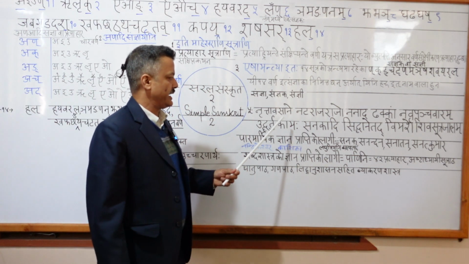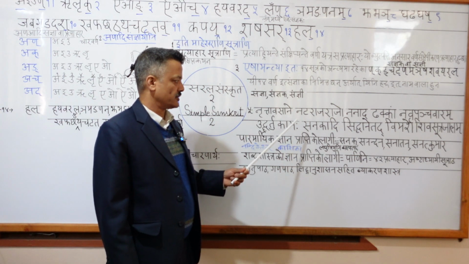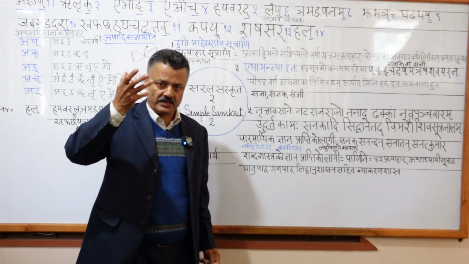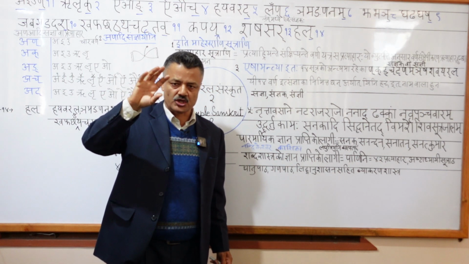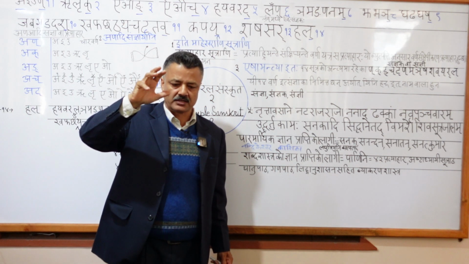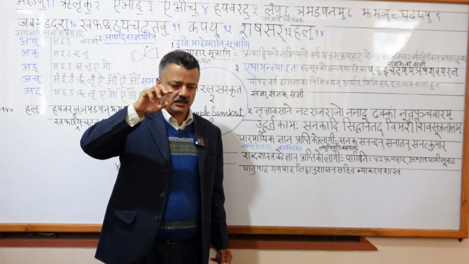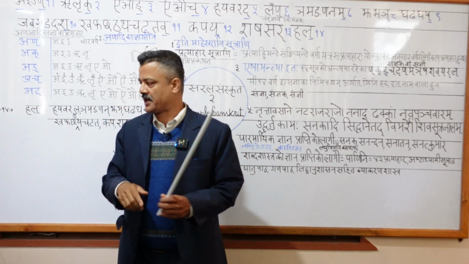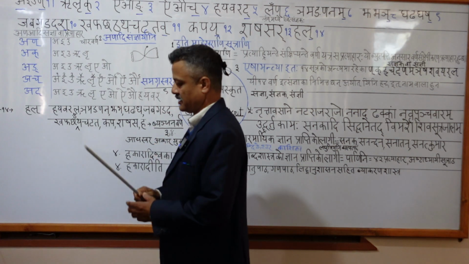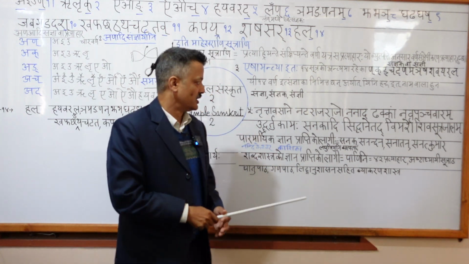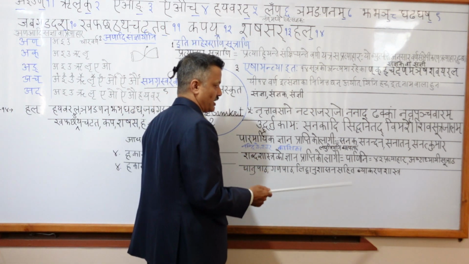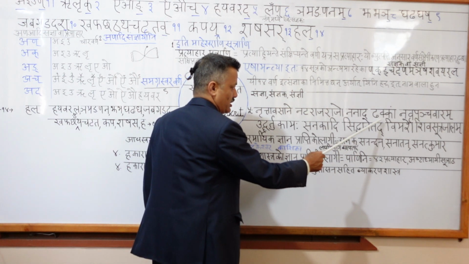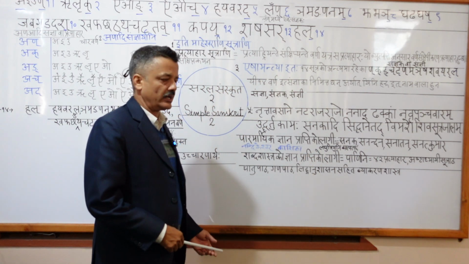Toward the end of his cosmic dance, he played his tabor-like instrument. He had an instrument that looks like an hourglass shape, as I drew here, and if you play it, it makes a sound. So Lord Shiva played that instrument, which we call dhakka in Sanskrit, or damaru in Hindi.